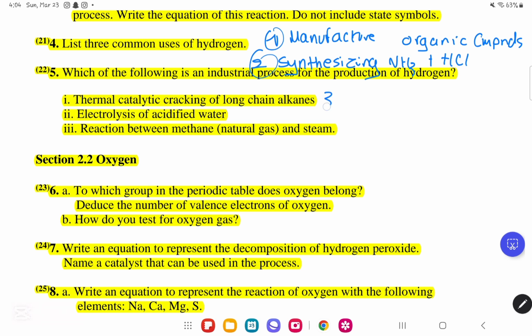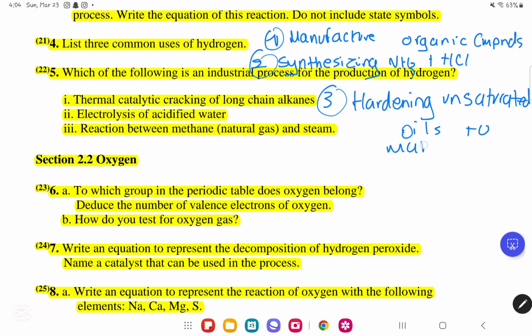And then the third one is hardening unsaturated oils to make margarine. Okay, so that's question number 4 done.